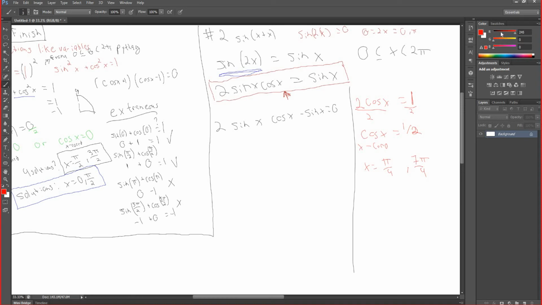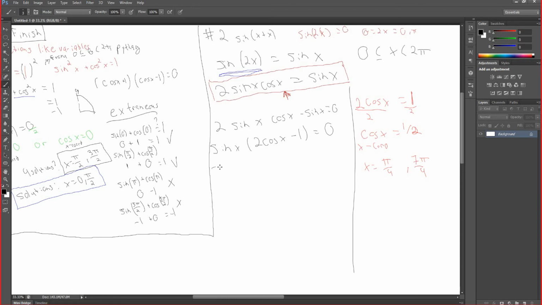Let's look at the other side really quick though. So I've got 2 sine of x cosine of x minus sine of x. I've got a factor of sine of x, right? Both have sine x in them, so I can factor that out. So I have sine of x times 2 cosine x minus 1 equal to 0.